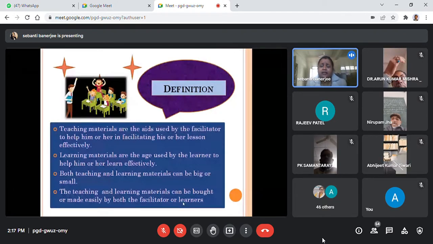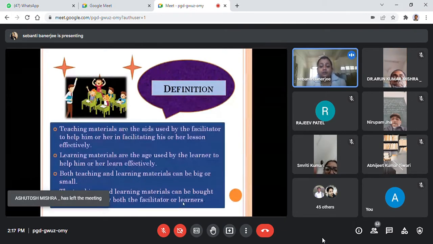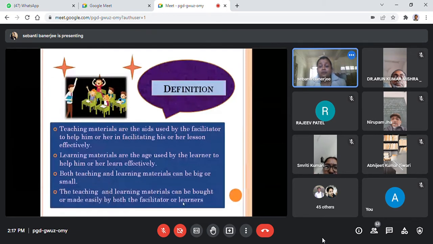The learners can equally be engaged in making various types of teaching learning materials. And obviously, the TLMs made by the teachers and the learners together will be more effective. While building the TLMs also, they will gather more information.